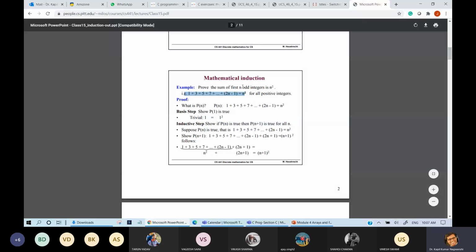Prove that the sum of the first n odd integers is n square.